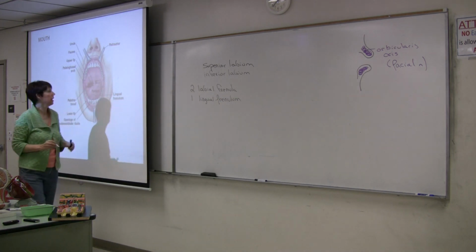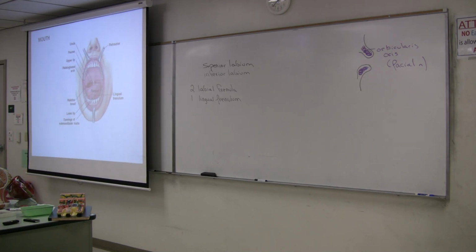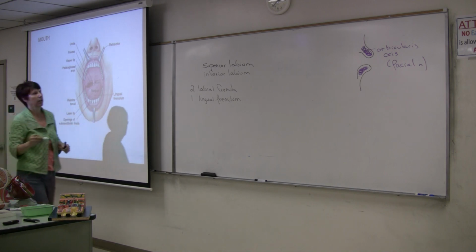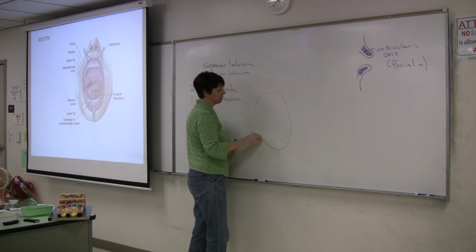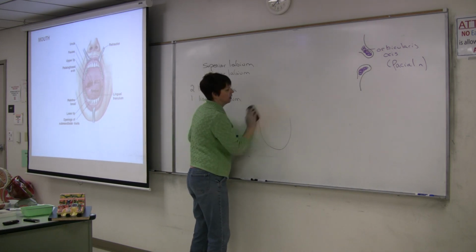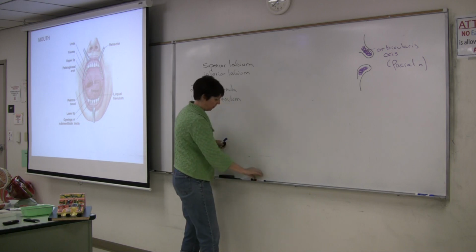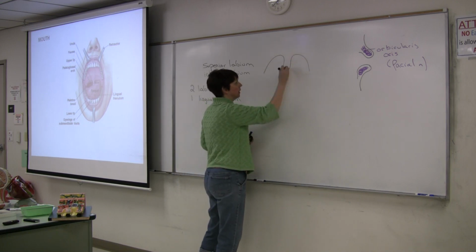Now in this view as well, as we look at the roof of the oral cavity, we did this prior when we were talking about the tonsils. We're looking at the soft palate with the uvula.